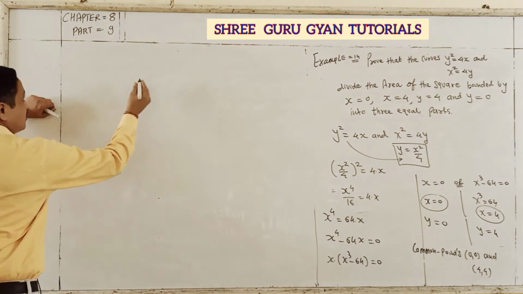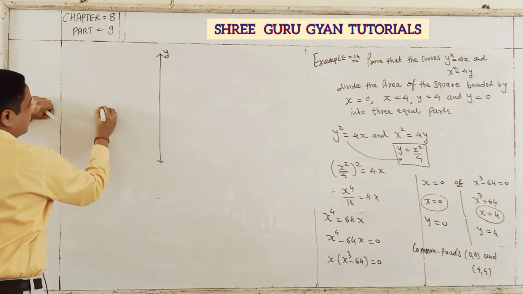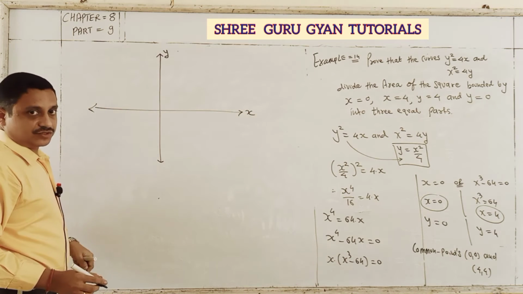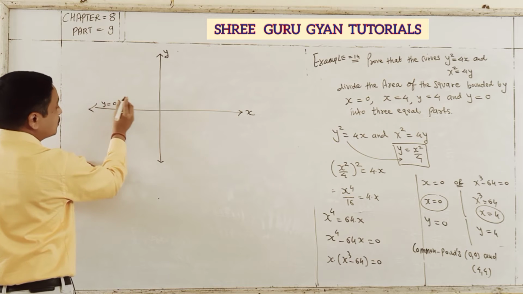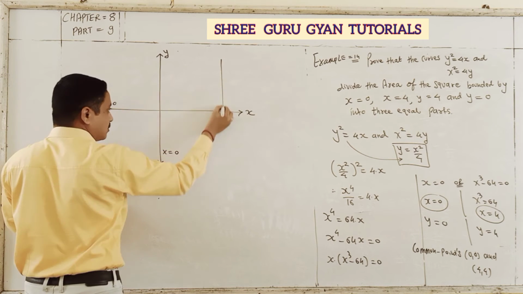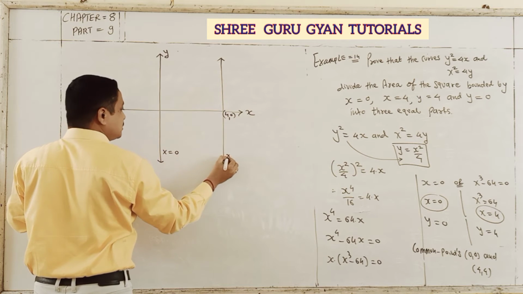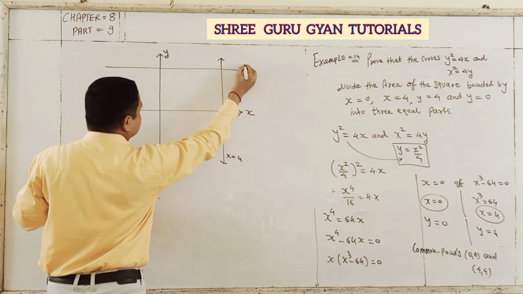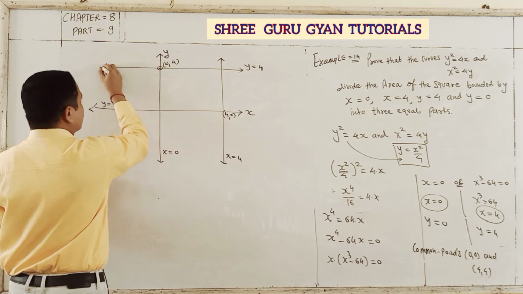So I plot the square and the two parabolic shapes. Students, first of all plot the square. This is the x axis, y is equal to 0, and the y axis, x is equal to 0. Here the line passes through x is equal to 4. Same here, the line passes through y is equal to 4, at 0 comma 4.